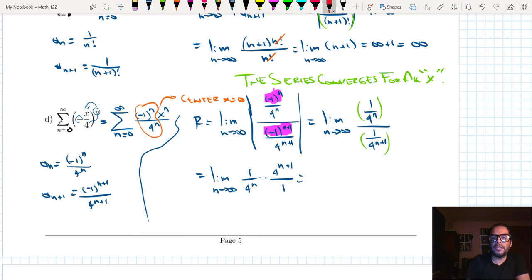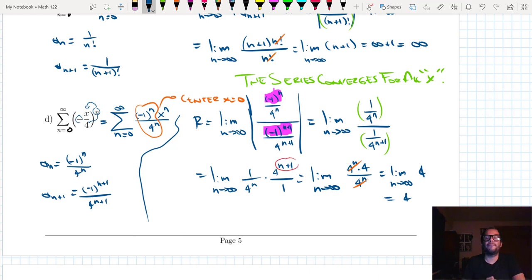And I'm going to use laws of exponents to simplify this so I can divide out some factor of 4 to the n, as you will see. Limit of 4 to the n times 4 divided by 4 to the n as n approaches infinity. Okay. Notice how these 4 to the n's will cancel, and I'm going to be left with the limit as n approaches infinity of the number 4, and in this case this will always be 4.